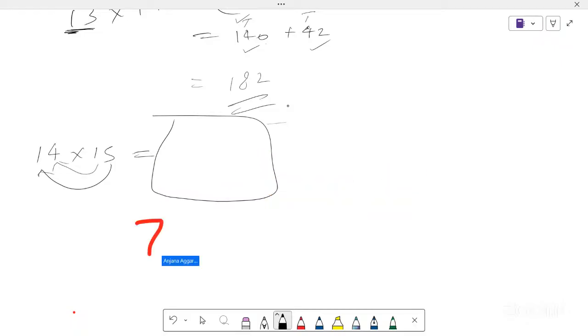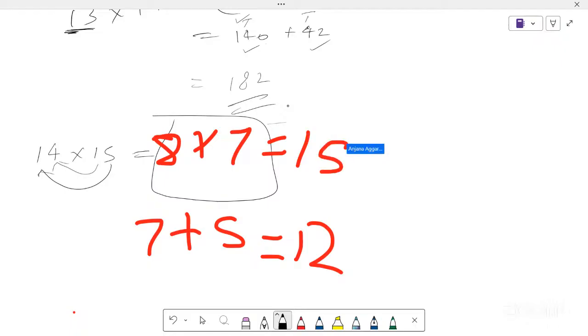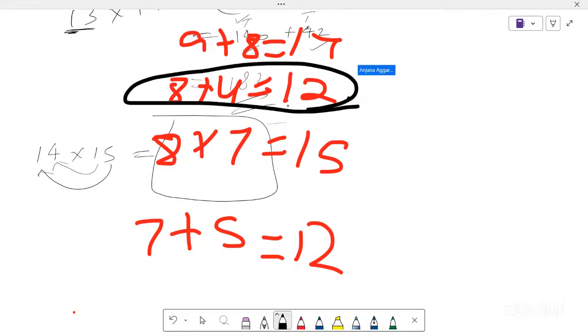And then 7 plus 5, I know this, it's 12. I know 8 plus 7, which is 15, and I know 8 plus 4, which is 12. That's the only three that I know perfectly, and 9 plus 8. These are the only ones that I can do as soon as I see them. The rest I can just see and do, but a bit slower.